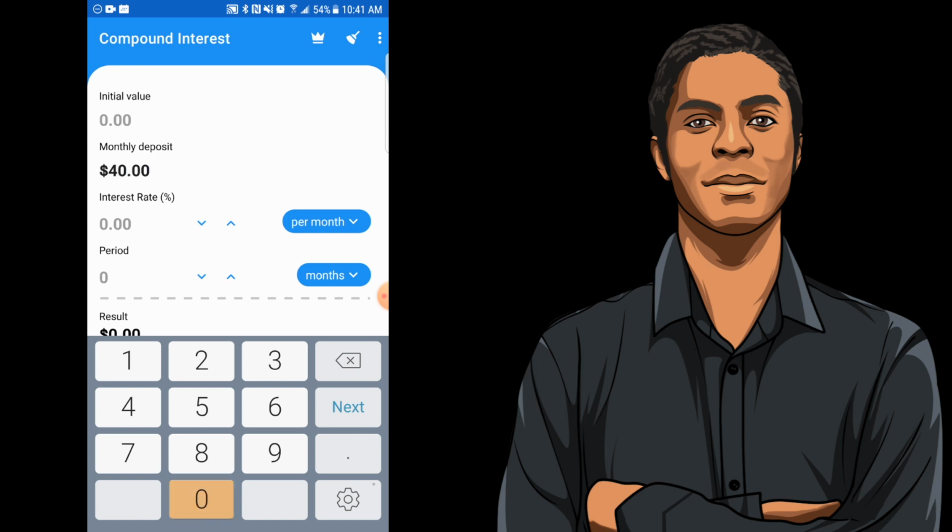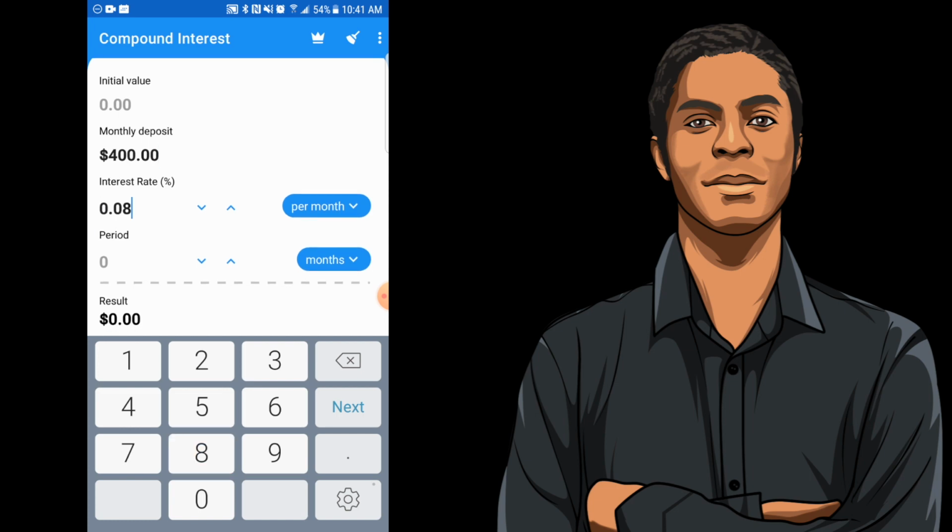Now, if we add that, it's 4 weeks in a month, so the monthly deposit would be $400. Then we're going to put the interest rate at 8% because we're going off the average returns of the stock market. And we're going to put in a period for 12 months. And you see on the screen how much that will save you in 12 months.